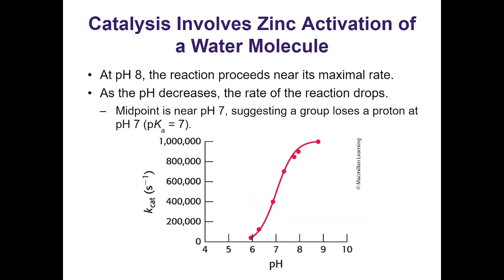Okay, so at pH 8, the reaction actually is going to proceed near its maximal rate. As your pH decreases, the rate of the reaction will drop. The midpoint is actually near pH 7. So this suggests a group loses a proton at pH 7, and so it has about a pKa of 7. And you notice this all happens around 7 to 8.